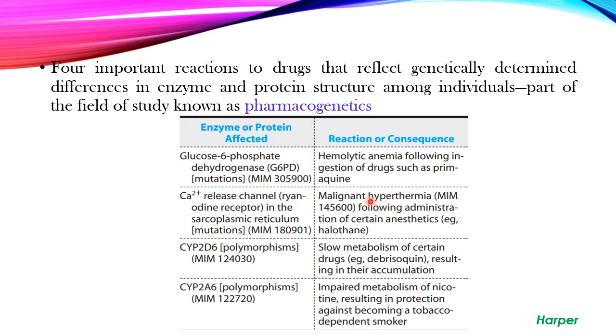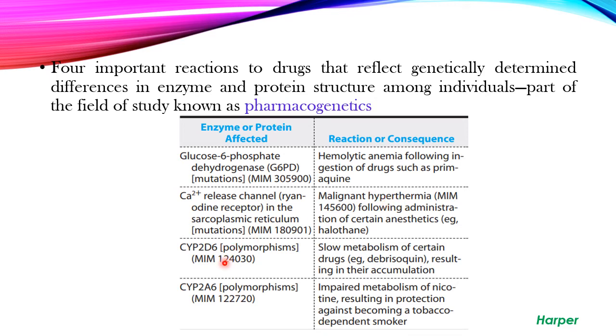So this effect is associated with mutations in the genome, as a result of which this drug shows this effect, that is malignant hyperthermia: extreme production of heat in the body that may lead to fever and ultimately death of the individual.